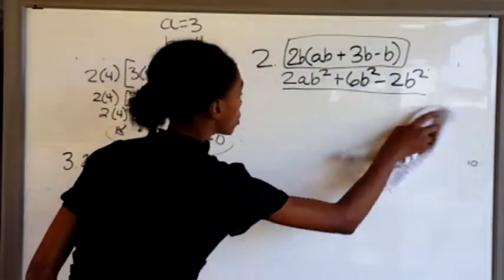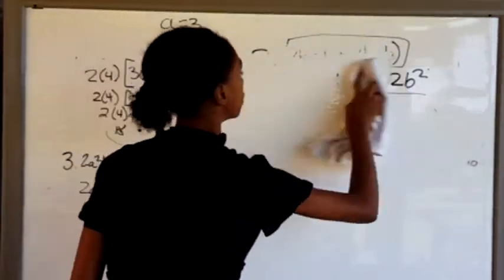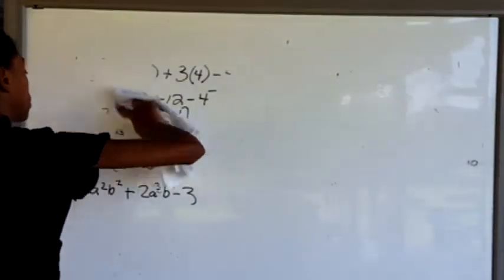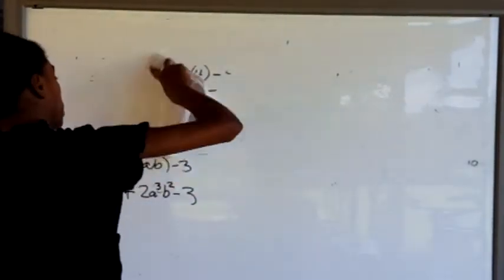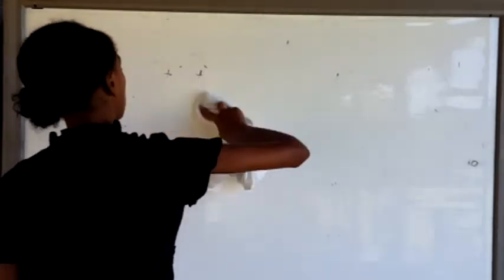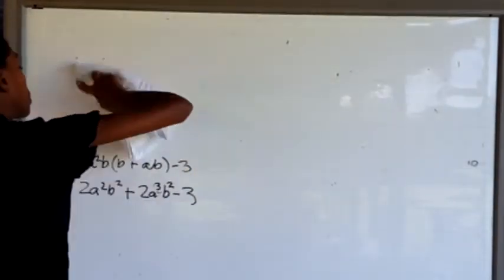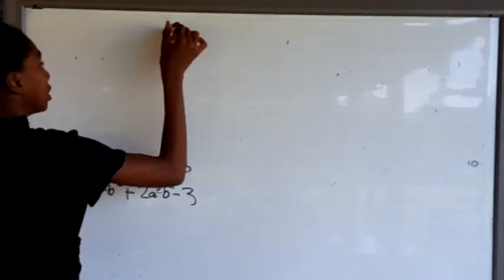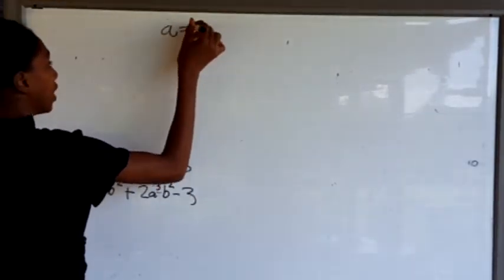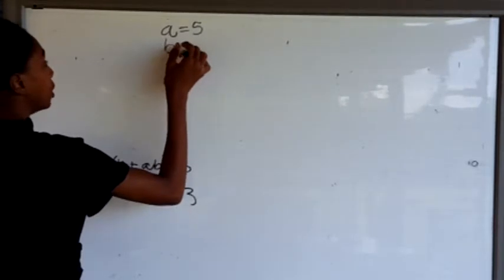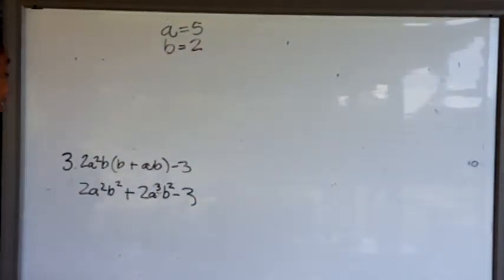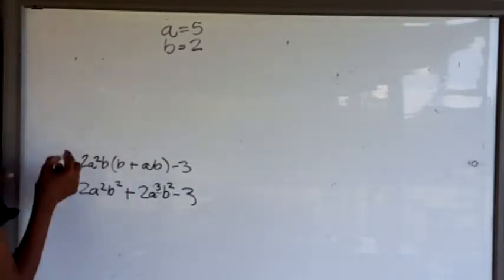Alright, so now we're going to work this one on the bottom. Alright, so we'll say a equals 5 and b equals 2. Alright, so we're going to do this one first.